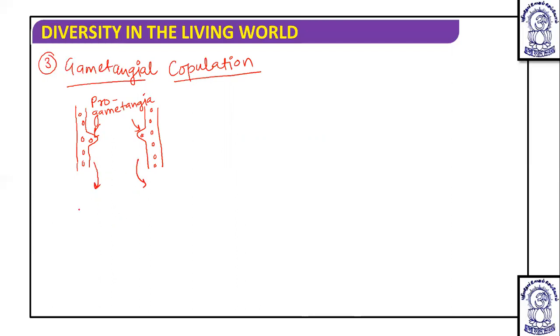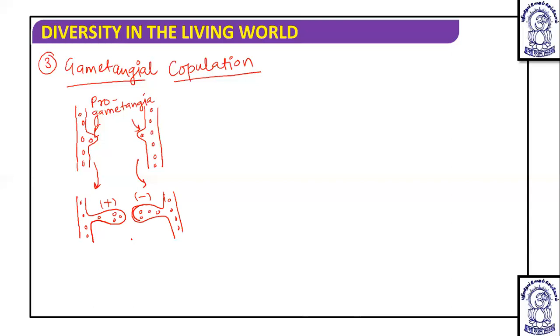So both will be modified like this. This is male gametangia, this is female gametangia.